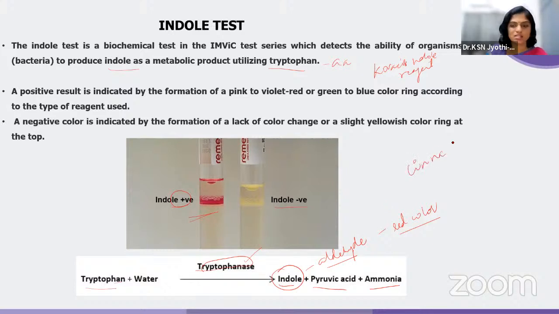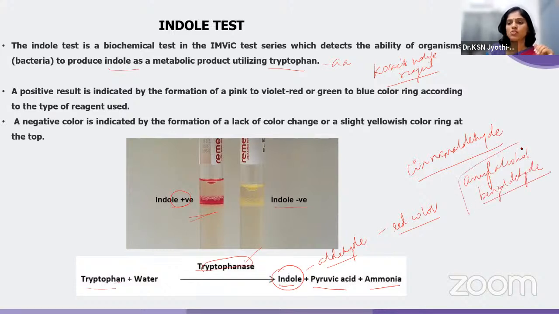I can add cinnamaldehyde. So the broth is prepared with that, and then I will add the cinnamaldehyde. In fact, if you're using Kovacs indole reagent, this uses amyl alcohol and benzaldehyde. So various reagents can be used.